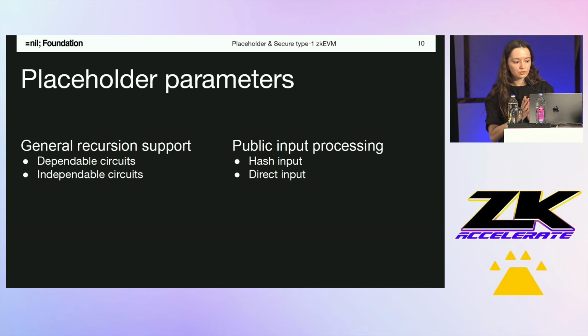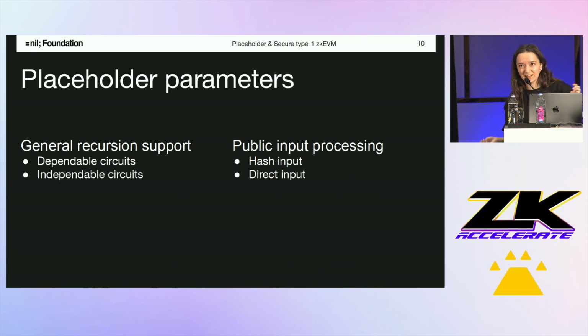And the last two things inside the placeholder: we have general recursion support. For independent circuits, I mean when the output of one circuit isn't the input for another circuit and we do not execute them in parallel, it's like a usual prover.